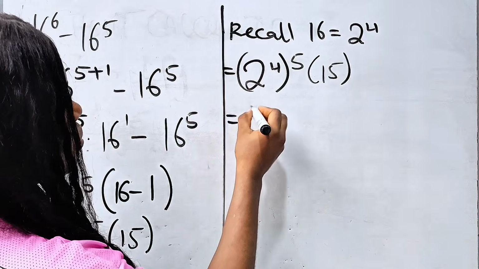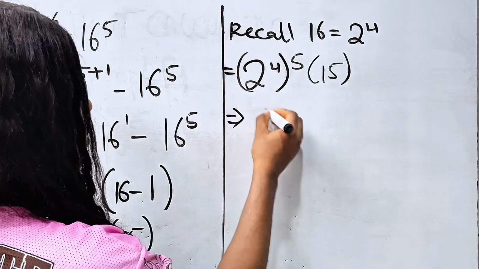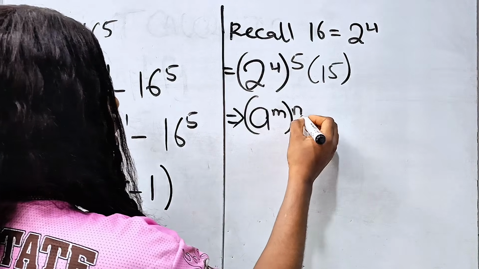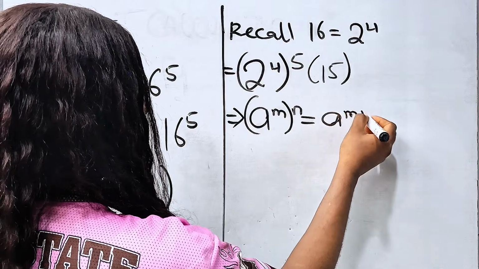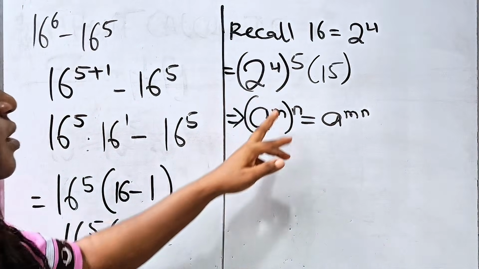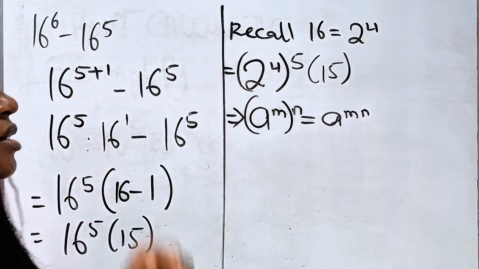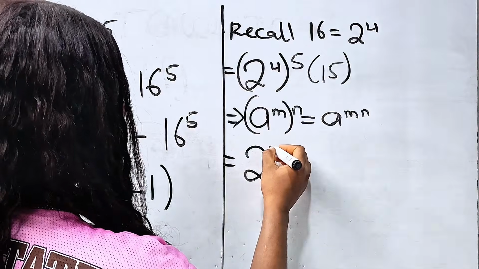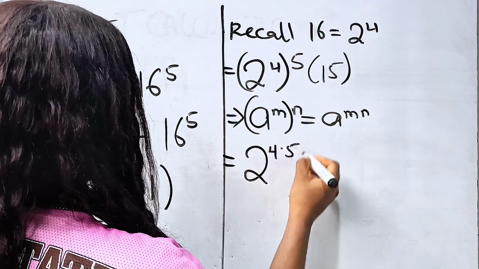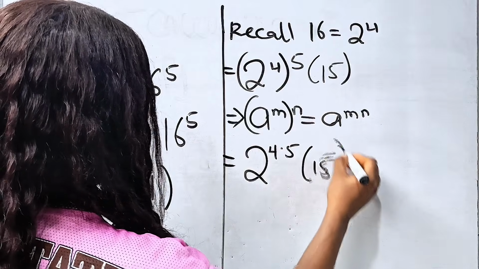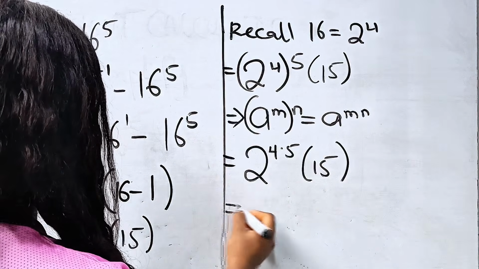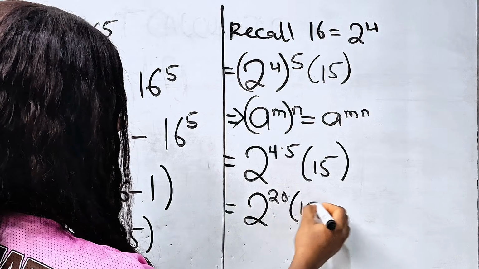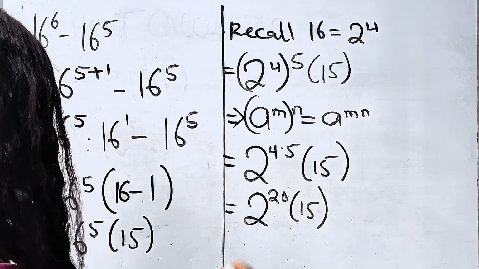Now this is equal to, remember that a to the power of m raised to the power of n is equal to a to the power of m times n. Therefore, we can write this as 2 to the power of 4 multiplied by 5, then multiplied by 15. So we'll have this as 2 to the power of 20 multiplied by 15.